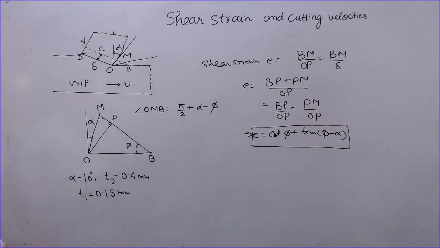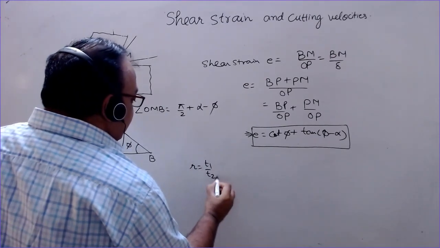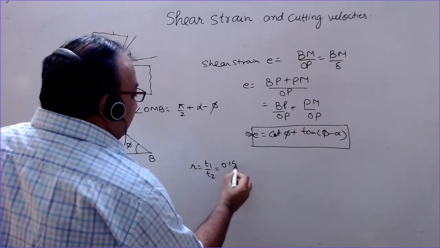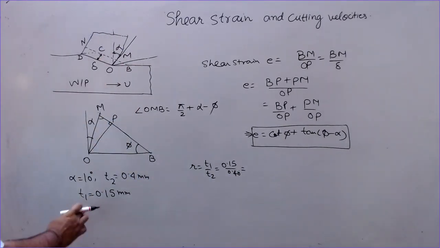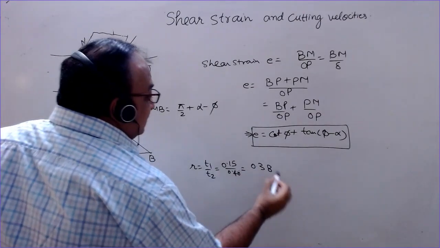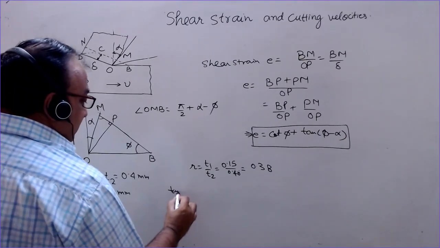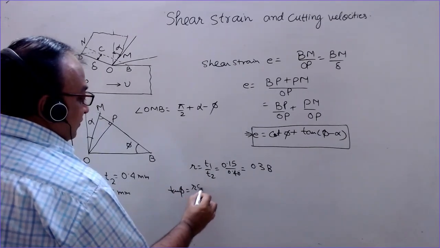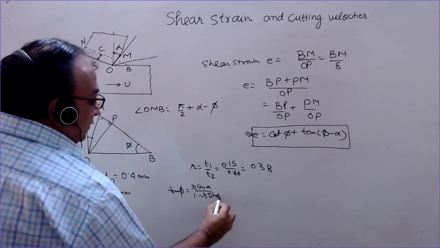So we know that R here is T1 by T2, 0.15 divided by 0.40, and this is equal to 0.38. First you can find tan phi using this: R cos alpha over 1 minus R sin alpha.